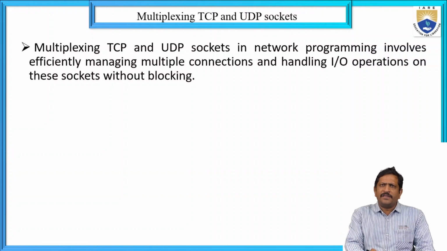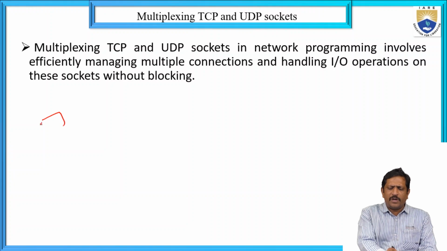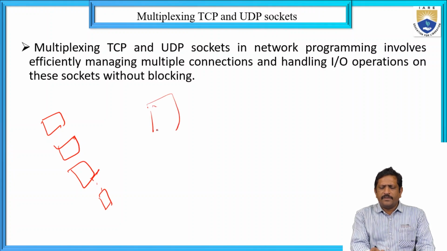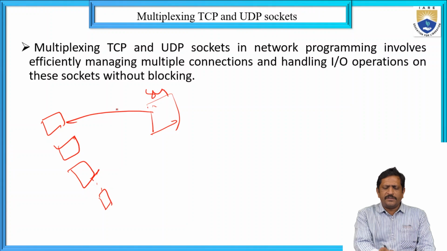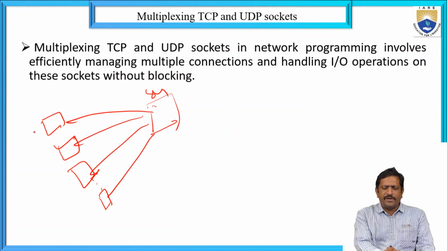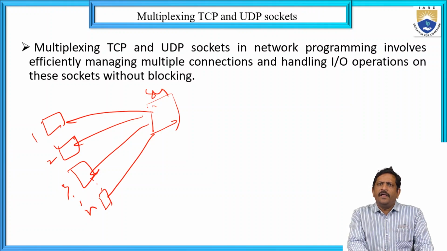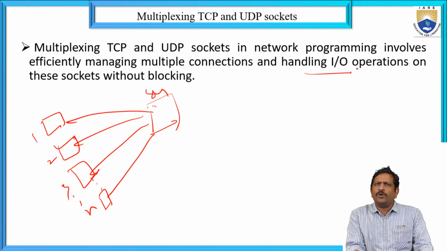Multiplexing here means the system is connected to n number of devices, 1, 2, 3 up to n devices, and multiple connections can be managed with the help of multiplexing technology, handling the input and output operations.